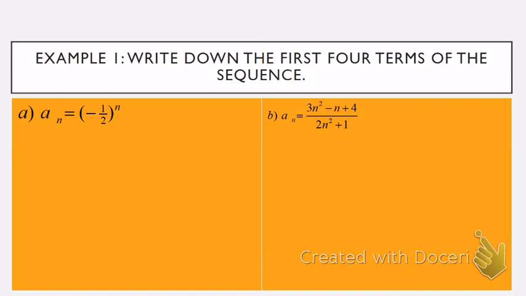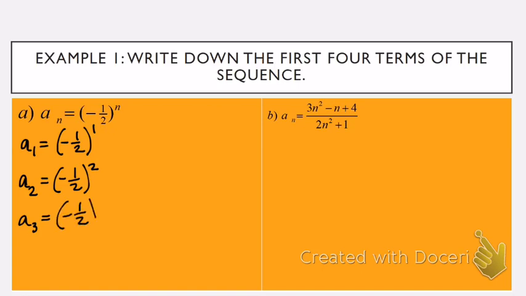So our directions tell us to find the first 4 terms of the sequence, which means I'm going to plug in 1 for n to find the first term. I'm going to plug in 2 for n to find the second term. I'm going to plug in 3 for n to find the third term, and I'm going to plug in 4 for n to find the fourth term.